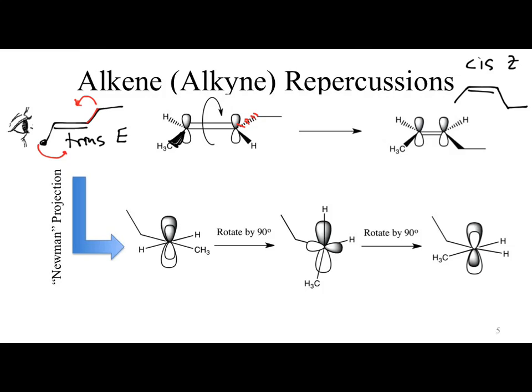What we're trying to decide is, is it possible to rotate around the double bond to interconvert between the cis and the trans? When we look at it from the side, it doesn't seem all that obvious. So what we're going to do is look at it as a Newman projection from the end.